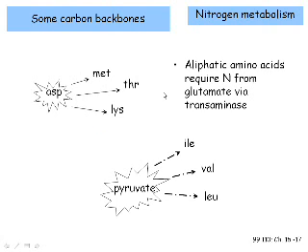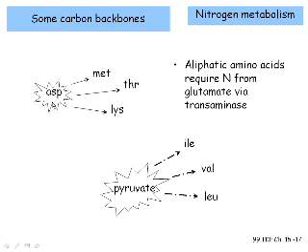So, without going into all the details of how these various compounds are made, I think it's useful to get a very broad sense of how some of this happens.